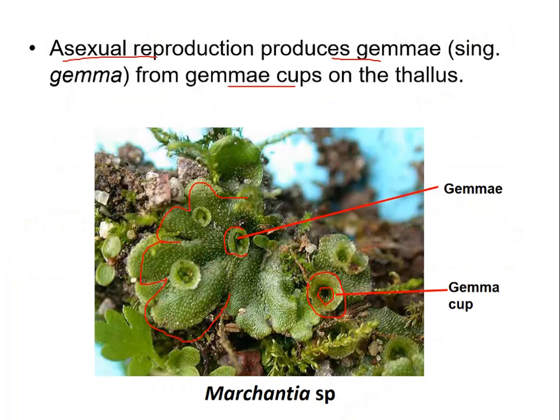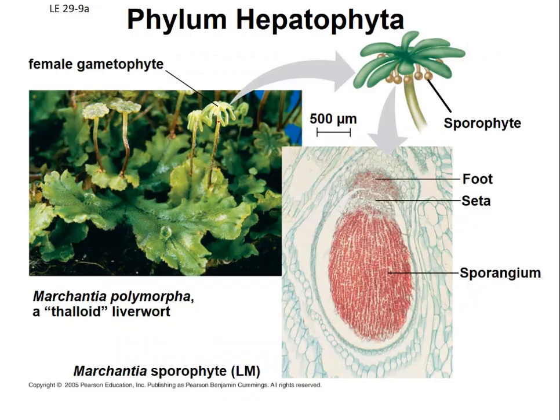Okay, in asexual reproduction, you can see it produces gemmae from a gemma cup on the thallus. This is the thallus, and on the thallus there is a gemma cup where it produces gemmae within the cup. An example of Hepatophyta is the Marchantia species. Again, you can see here the female gametophyte, and on the left here is the male gametophyte.